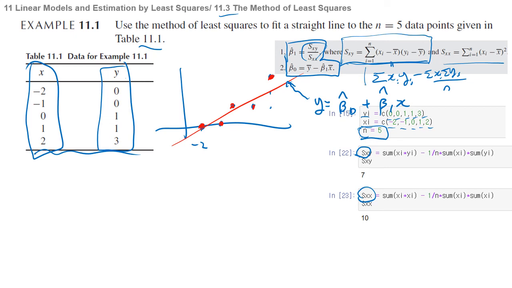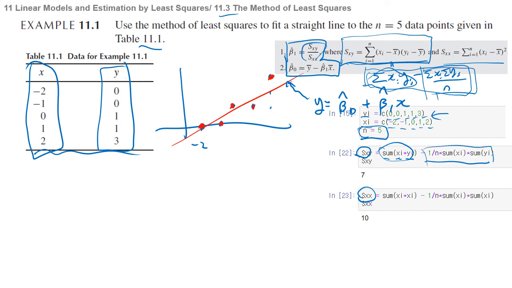So I calculated this thing because this one is easier from this definition. Sxy is the sum of xi times yi. So this thing is this one, and this part is this one.